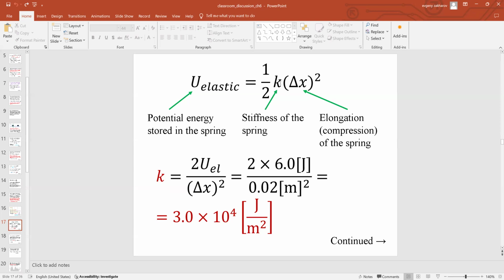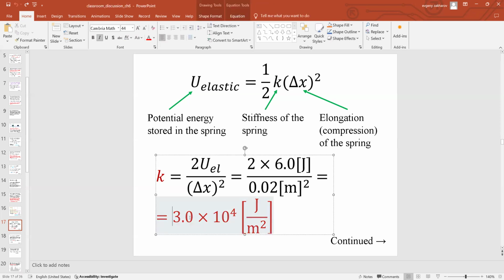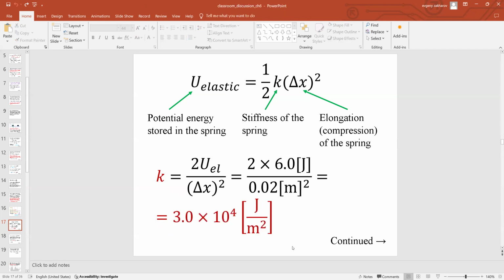So multiply both sides by 2, divide by delta x squared, you get 30,000. Well, you don't do joules per meter squared. You have to convert into newtons per meter. But dimension-wise, from the equation itself, you get joules per meter squared.